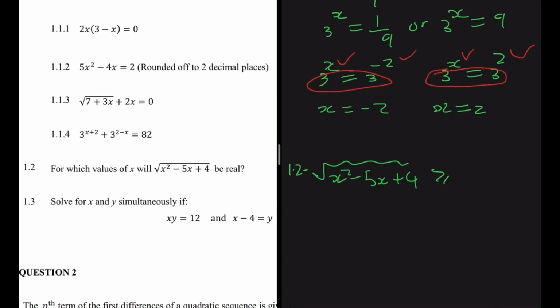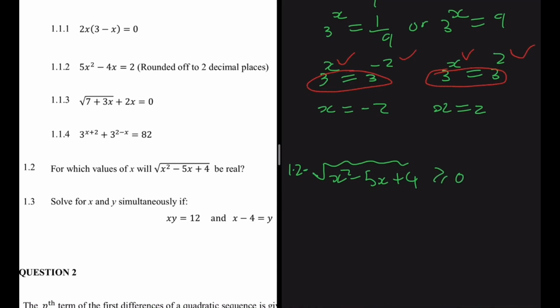If the question was asking for which values of x will that expression be not real, then it would be less than 0. But here it is asking for which values will it be real, so we're saying greater than or equal to 0, right?